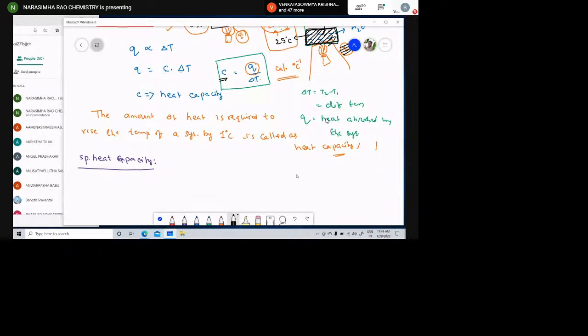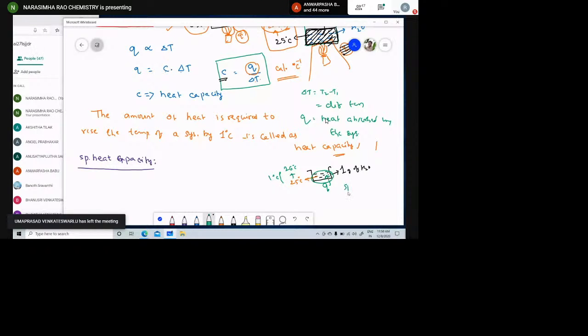For the example, I am taking 1 gram of water at 25 degrees centigrade. To raise its temperature from 25 to 26, a difference of 1 degree, how much heat is supplied to this is called specific heat capacity.